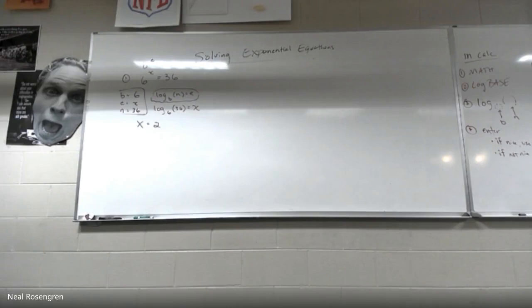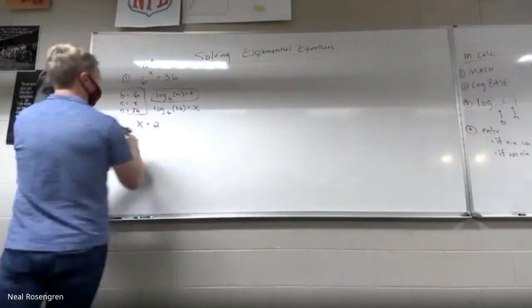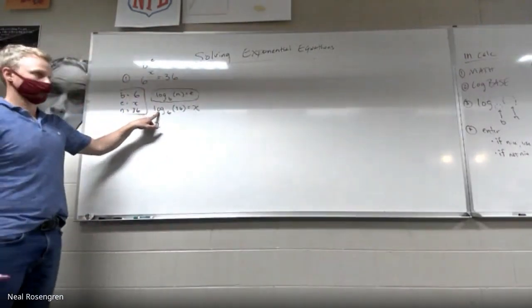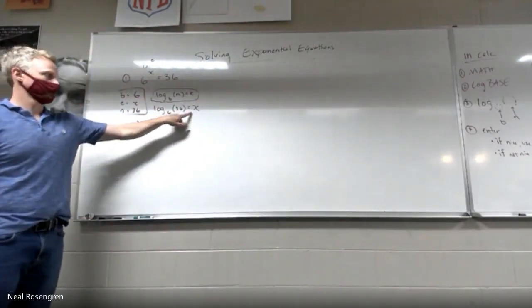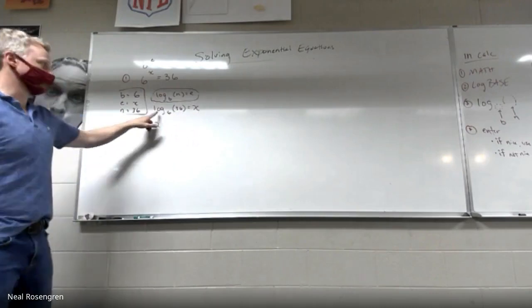But again, that whole log stuff in between, I don't need to see if you can do that in your head. Can somebody read this out loud, though, this whole log thing? See if you can say it well.